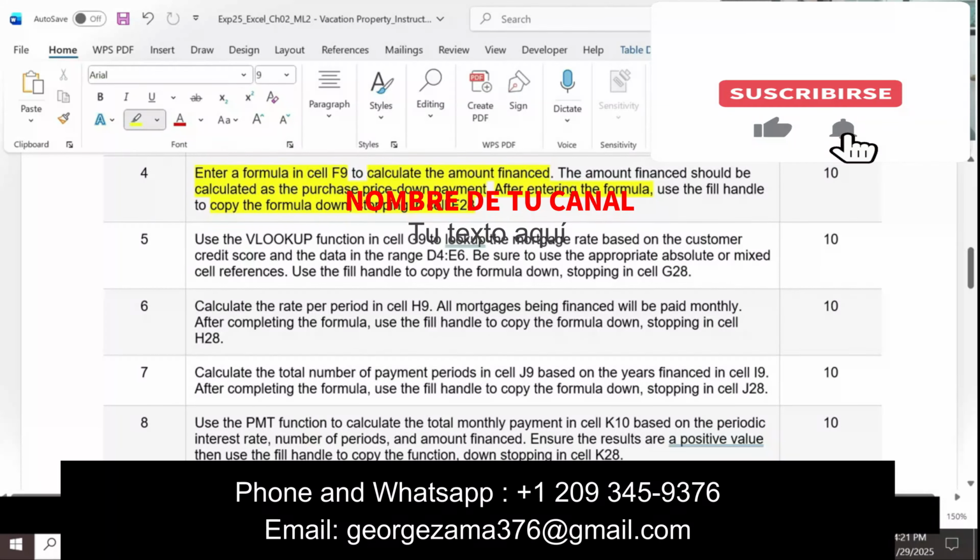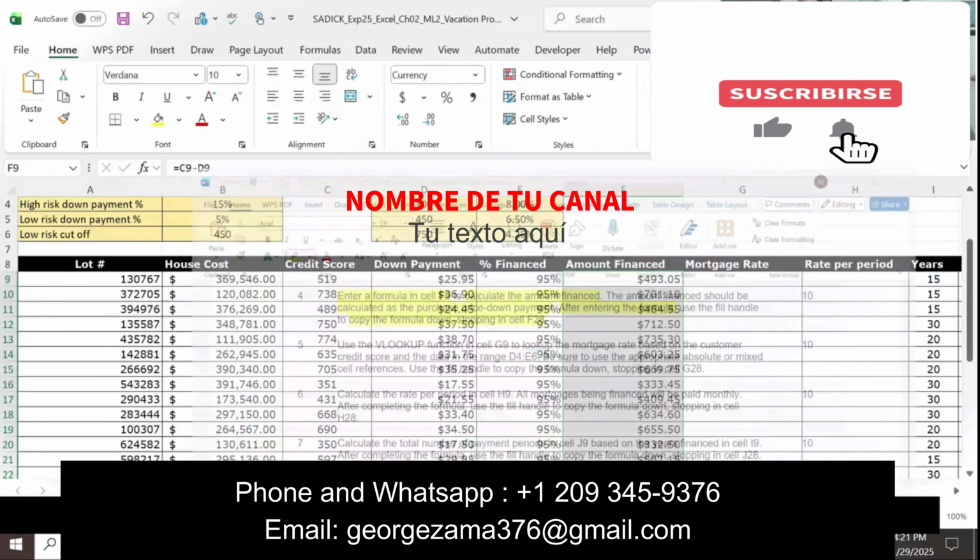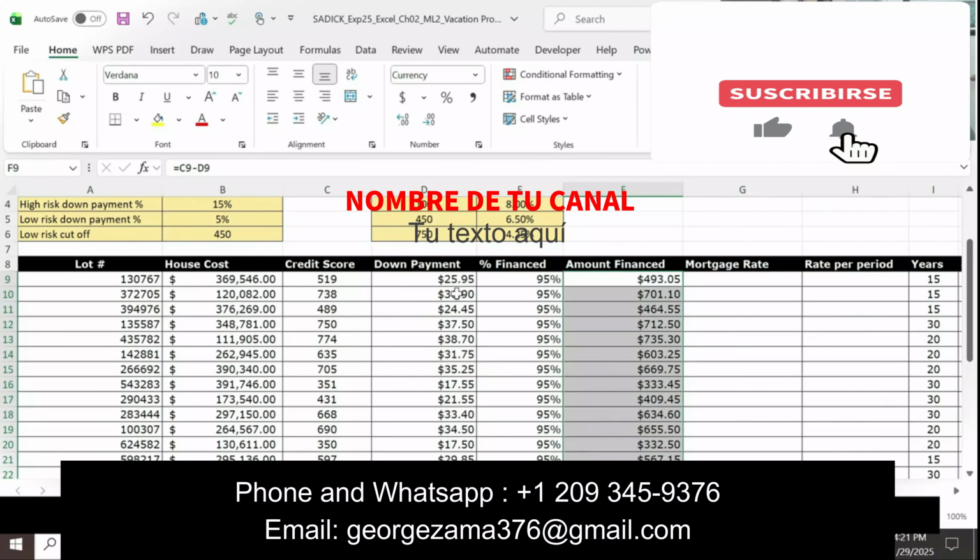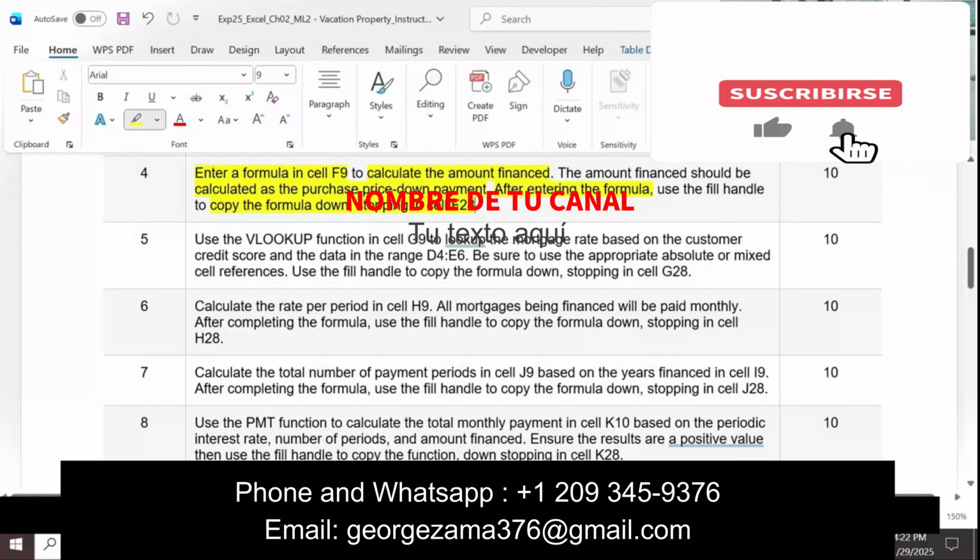So question number four is done. In question number four, we have to enter a formula in cell F9 to calculate amount finance. The amount finance should be calculated as purchase price minus down payment. So we have to subtract this one. Okay. So question number four is done.